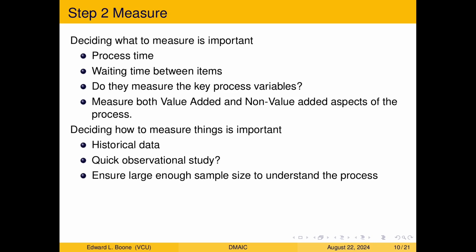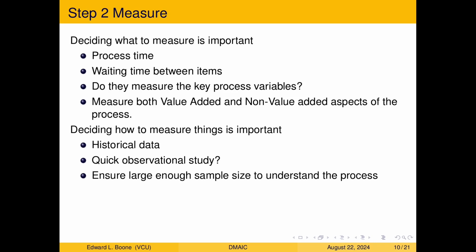Okay, the other thing when we measure something, does it measure the key process variables? Okay, you have to make sure that if you have key process variables, you're actually trying to measure them. You should also measure both value-added and non-value-added aspects of the process. Okay, how should you decide on things to measure?